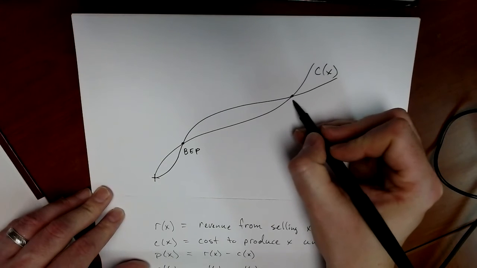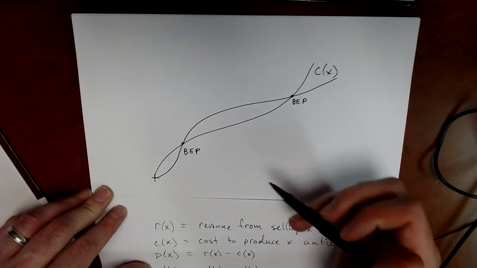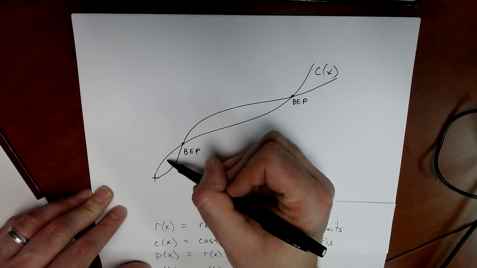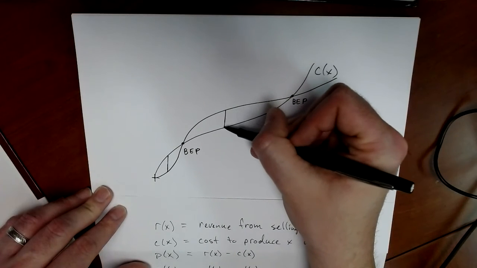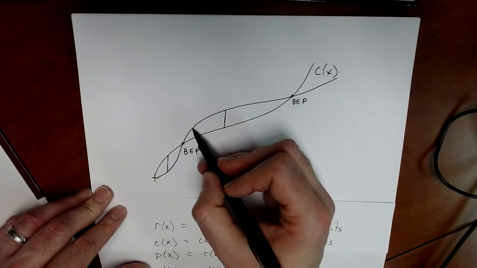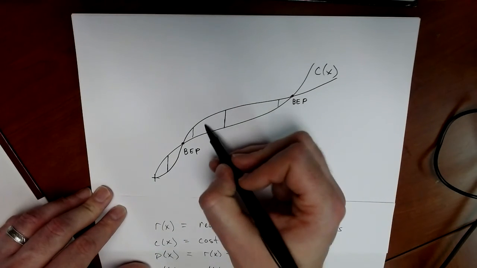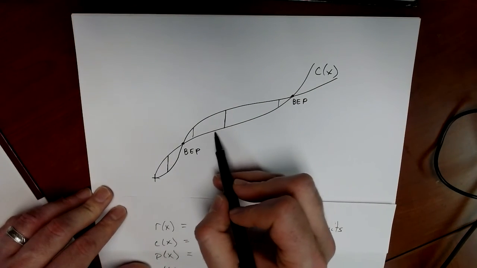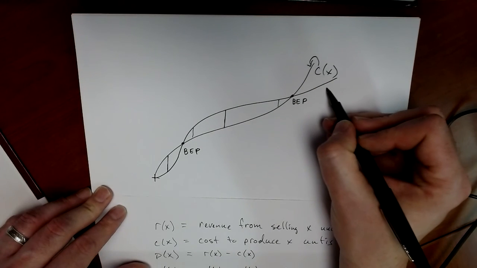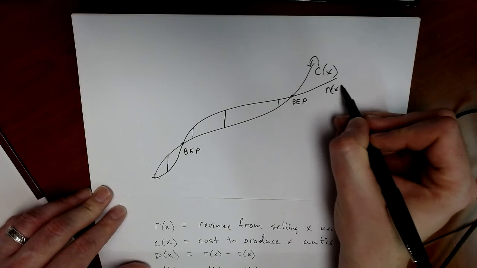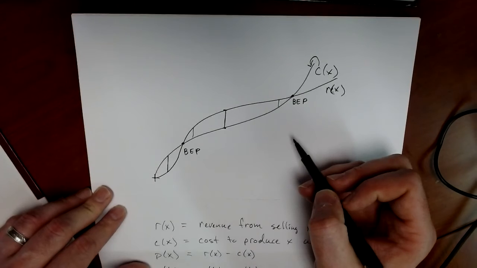And for the maximum profit, we're looking for the distance between these two to be the greatest. So you see the distance here is smaller than the distance there, and that's smaller than the distance there. And somewhere in that zone is where it would be the case, but keep in mind, hang on, which one was the cost? This one is the cost and this one is the revenue. So here would be revenue minus cost.